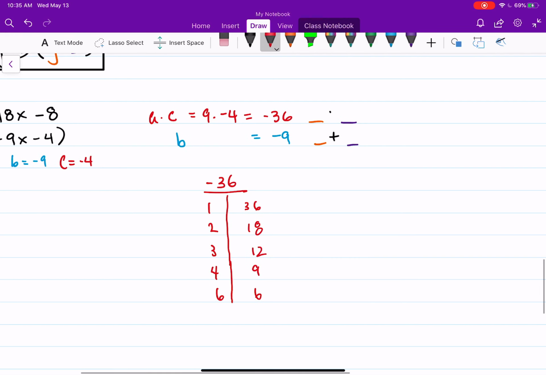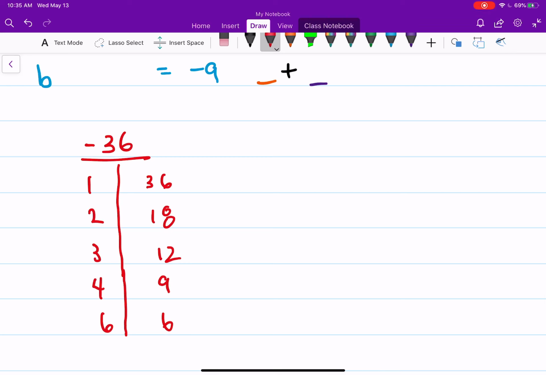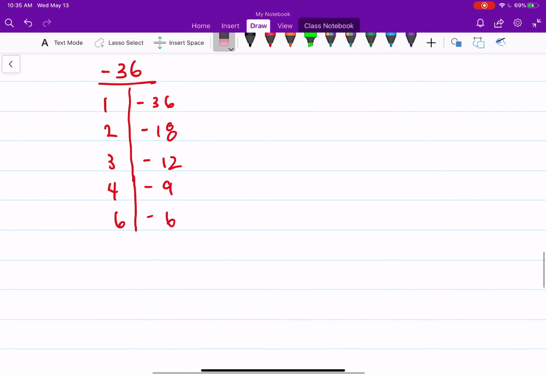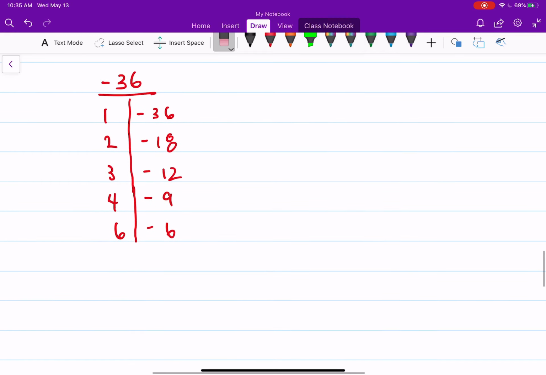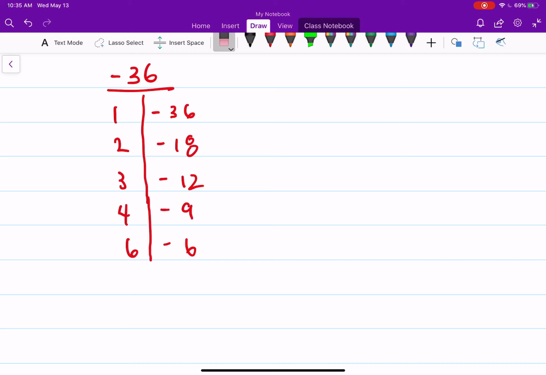In order for me to add 2 numbers to get negative 9, the larger number has to be negative. So you notice that every time I multiply any of these lines, I'm still going to get negative 36. Now I got to figure out which one of these adds up to negative 9.